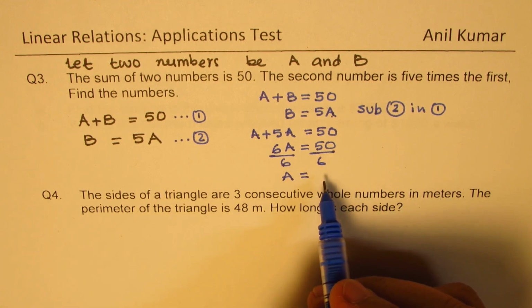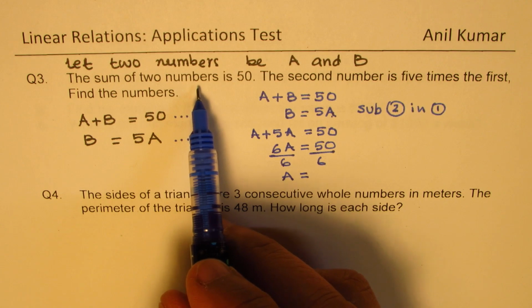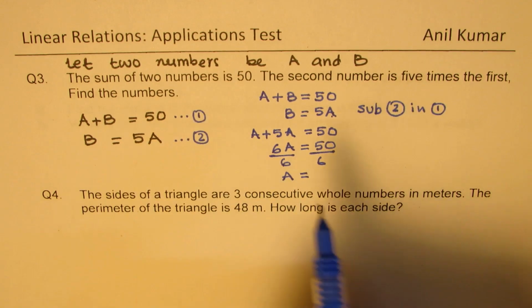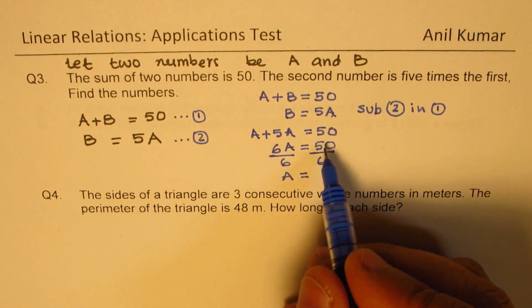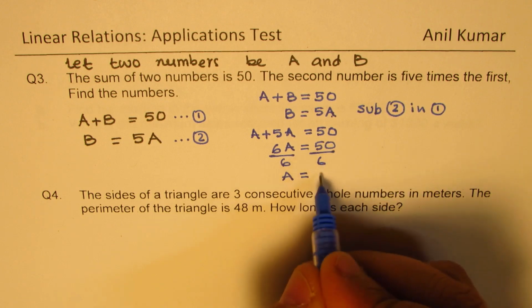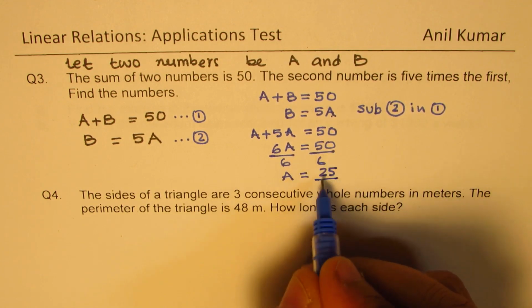In some examples you can get a fraction. Normally when we say number, we are looking at natural numbers or integers, but in this case we do have a fraction. We can simplify this by dividing by 2, and that's the best we can do, and that is 25 over 3, correct?